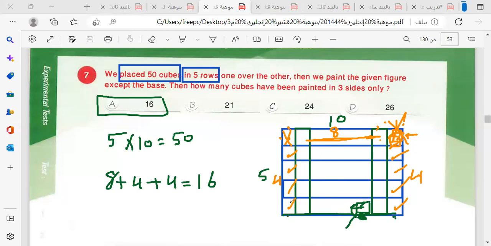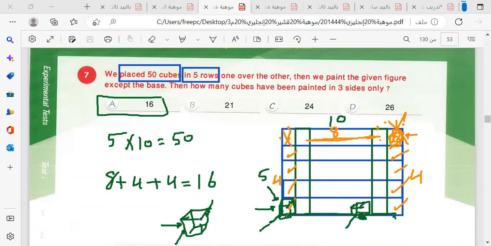Yeah, it will be 3 faces here. Look, why? Because this face and this face, right, and the behind, right? A cube is like this. Look here, this face and here and the behind. 3 faces.